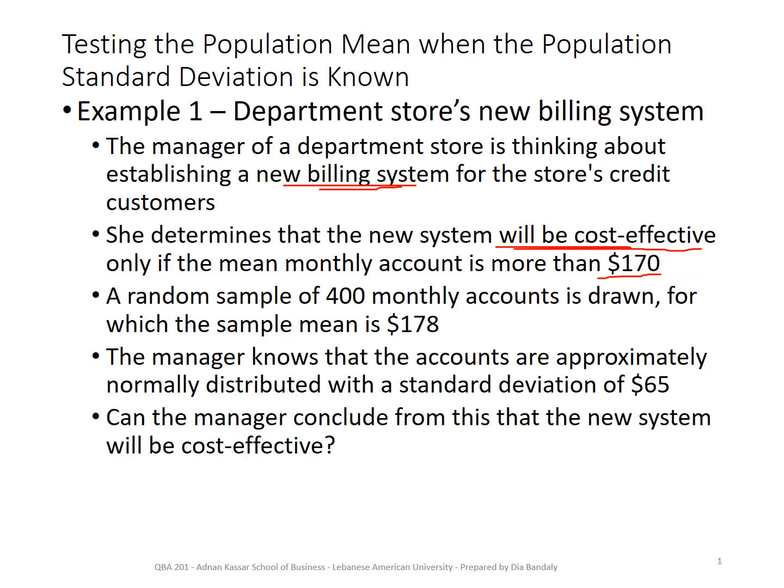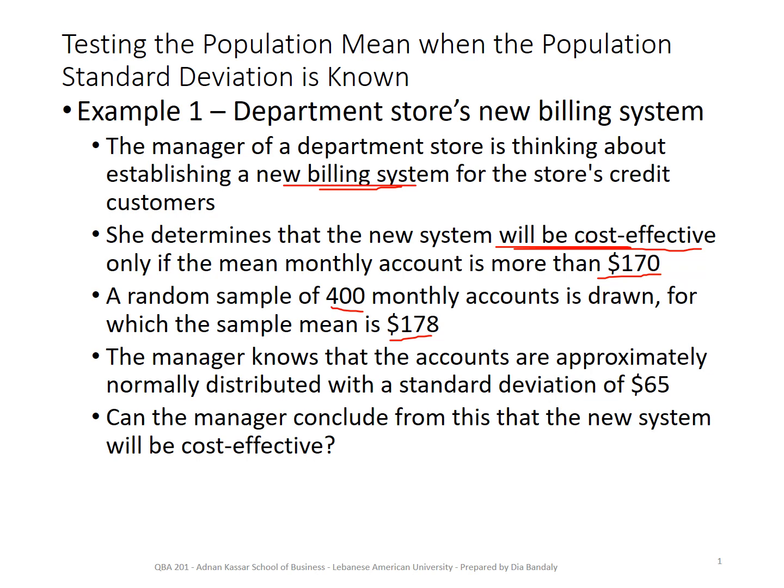So what they did in order to find out whether on average all their customers spend more than 170, they collected a sample of 400 customers. They looked at their accounts, and they found an average of 178. So the question is, is that large enough to prove what they have in mind?